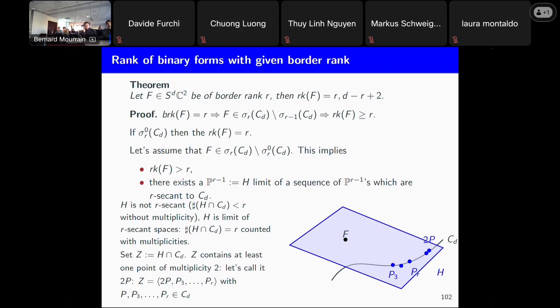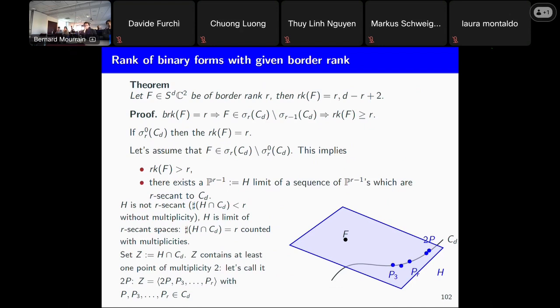And so my H, the space here, that is the limit of a sequence of P^(R-1) that are R-secant, is not R-secant, meaning that it doesn't intersect my curve in exactly R points. As I count the number of points, I have fewer than R points.